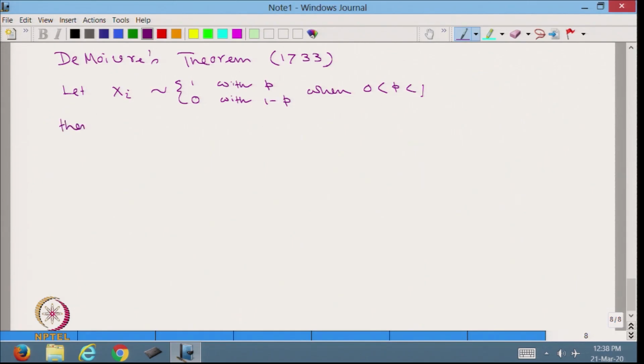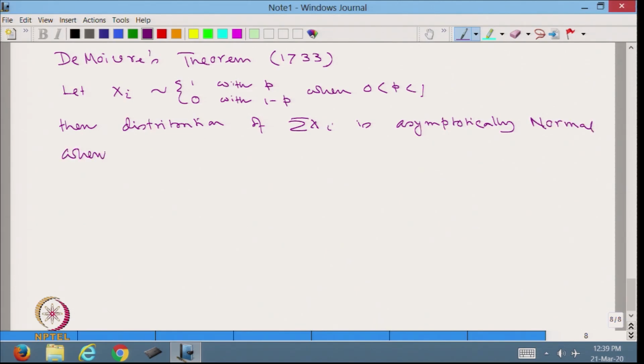Then the distribution of sum of x_i is asymptotically normal when the x_i's are independent.